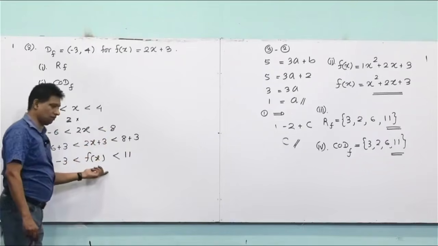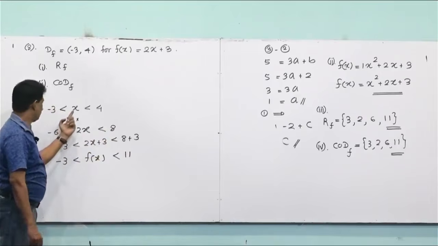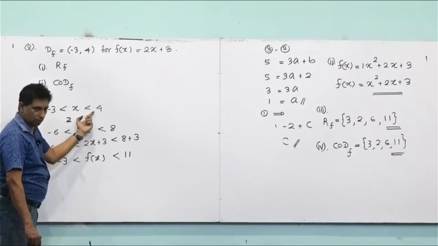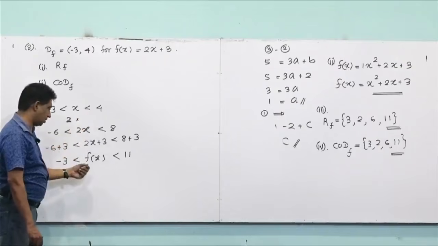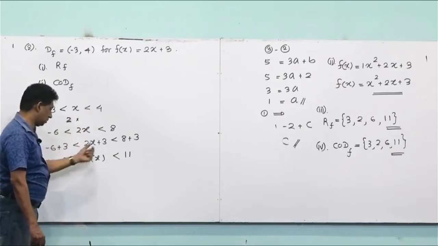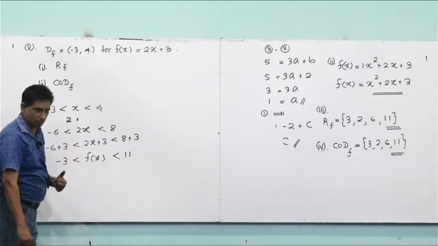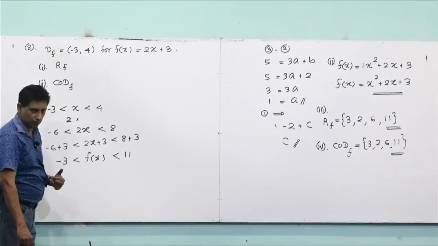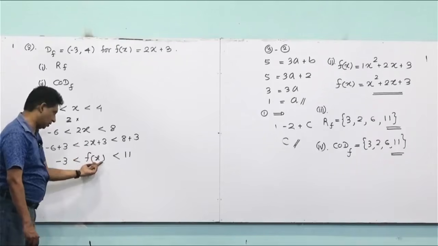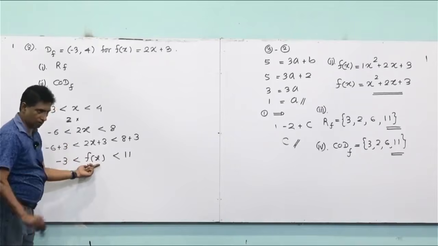Then what is the meaning of this? If x lies in between minus 3 and positive 4, then the image of x lies in between minus 3 and positive 11. Right? So now we can write the range by looking at this.